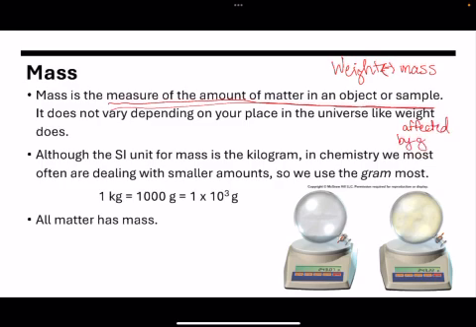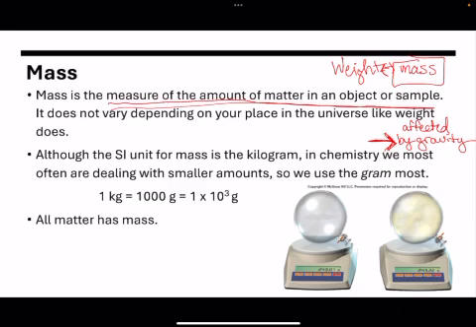And so when we're describing our mass and weight on Earth, we are describing our weight as being affected by gravity, whereas the mass is not. So our mass is going to be the same here on Earth as it is on Mars or Jupiter or anywhere else in the universe, whereas our weight would not be.